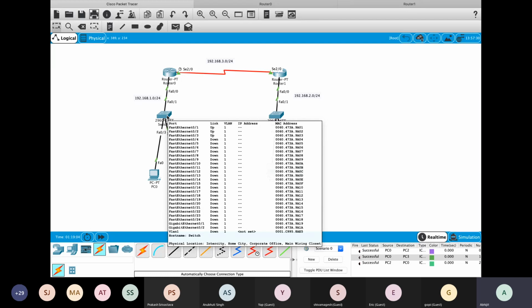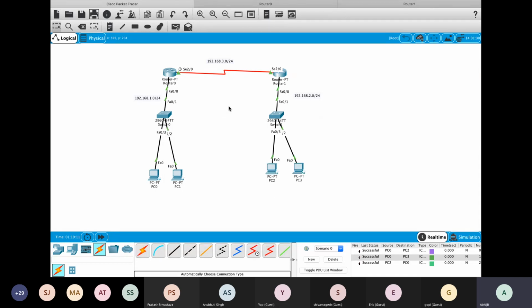Without that, it's not going to work. So when you are done configuring Routing Information Protocol on the other router, then it will start to work. Exactly.